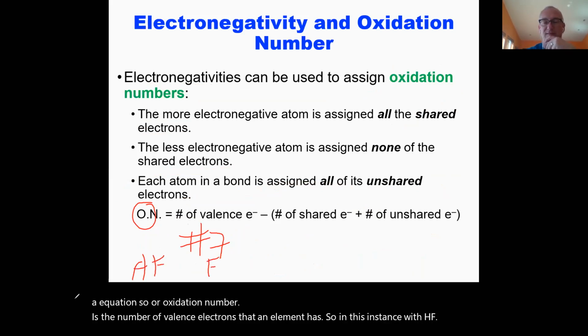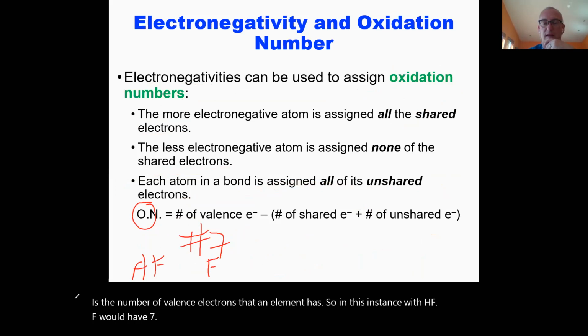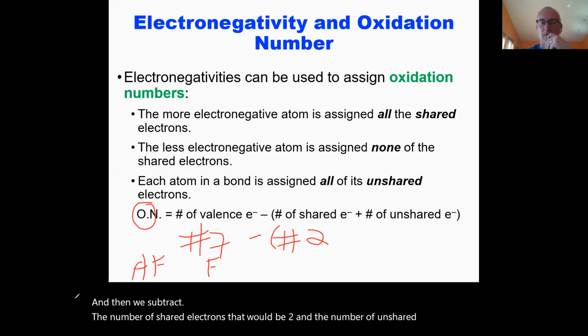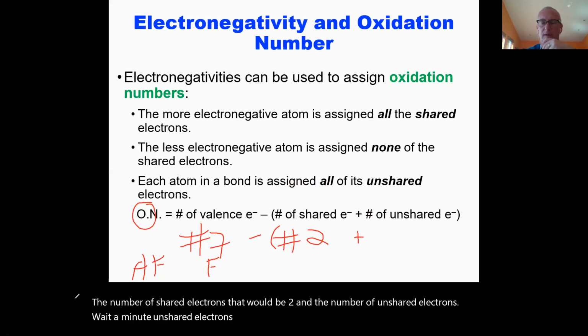F would have 7. And then we subtract the number of shared electrons, that would be 2, and the number of unshared electrons, that would be 6.